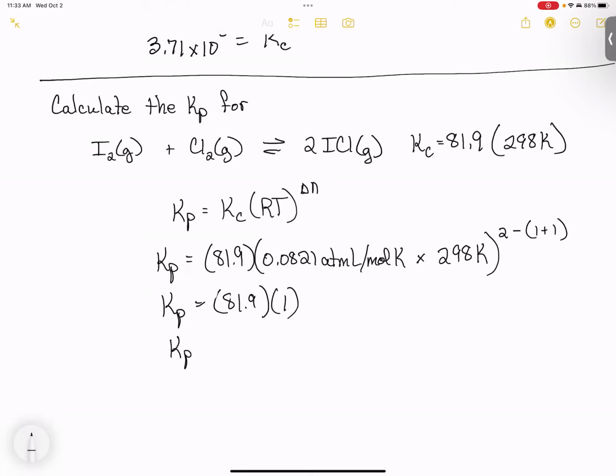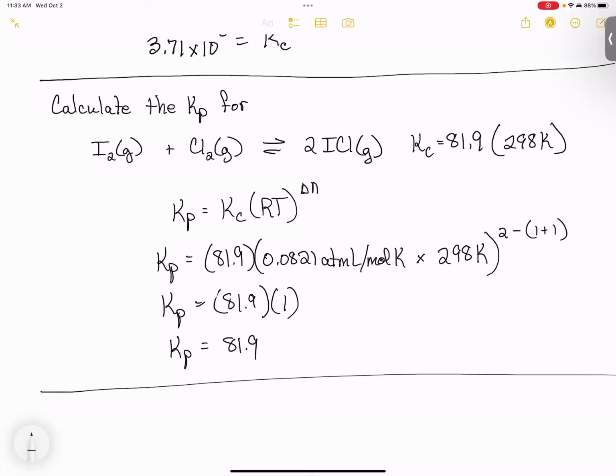So your Kp is also equal to 81.9. Any questions? Okay.